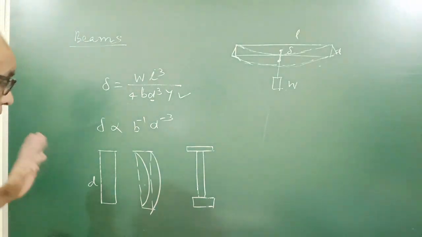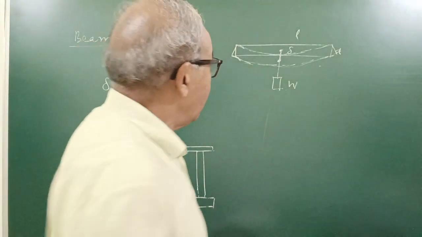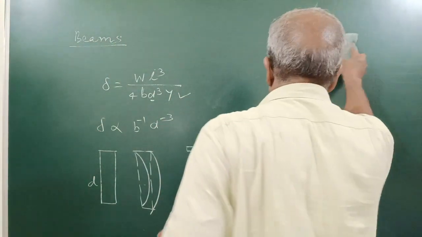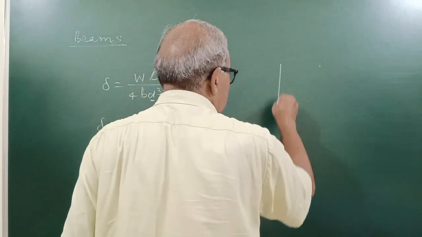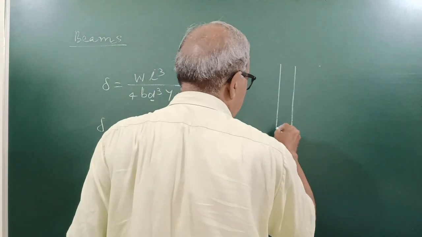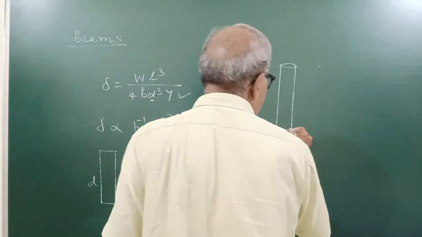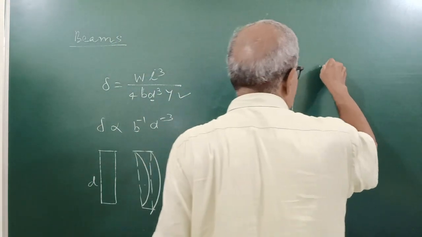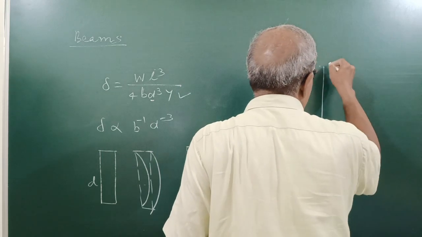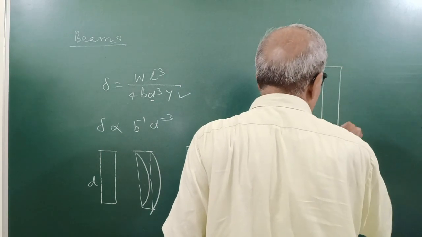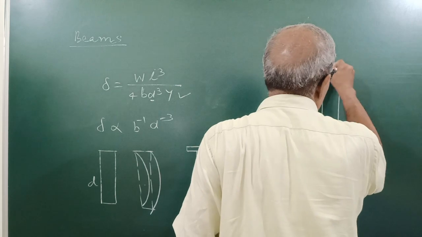So we use elastic behavior like this. Now we make building pillars. A pillar of round shape also gets bent or can bear less weight. So to increase the load it can bear, we take the shape like this. The ends are made wider.